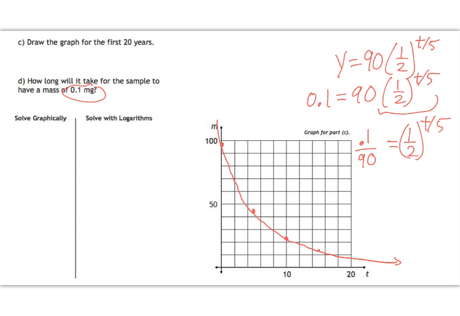When I convert this to log form, we get log base 1/2 of 0.1 over 90 is equal to t over 5. Multiply by 5, and we get 5 log base 1/2 of 0.1 over 90. You've got calculators, you've got Desmos. You can do that calculation without having to do it by hand.